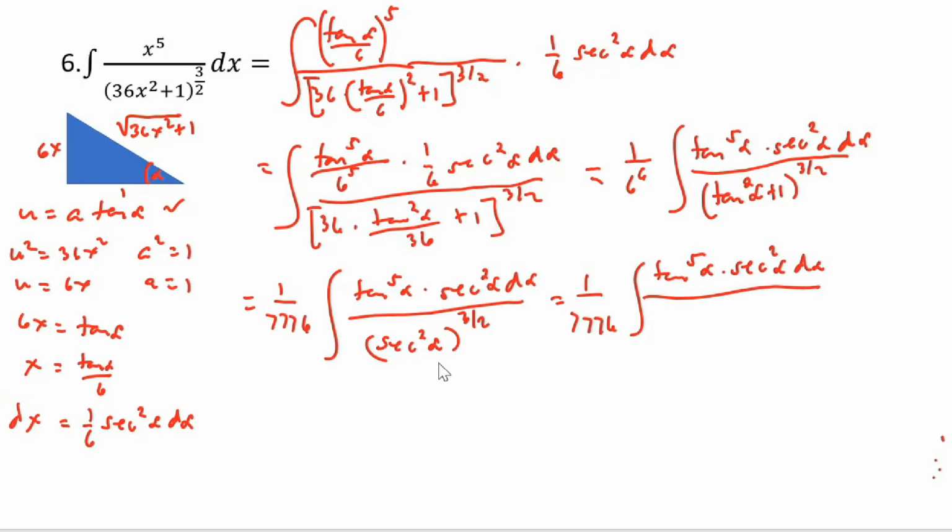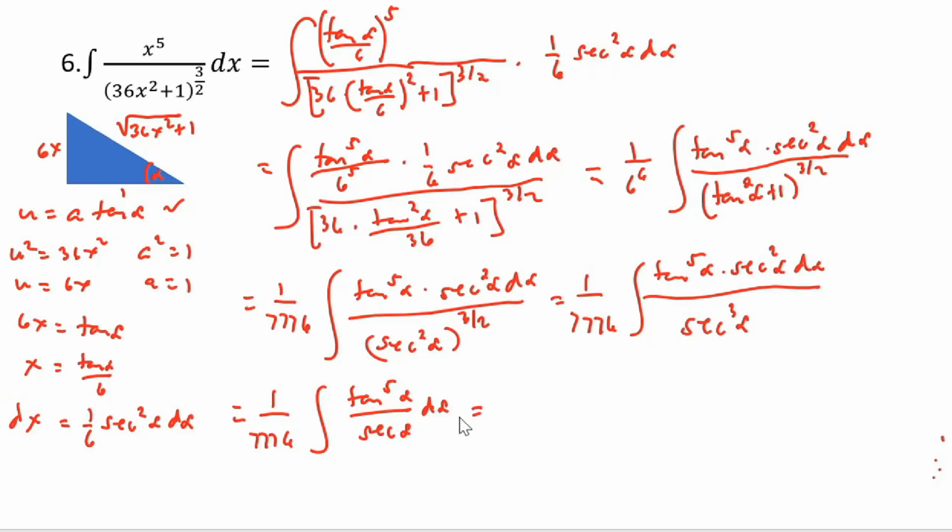Simplifying the denominator, we now have secant cubed alpha. Next we have to divide the remaining terms, so now we have 1 over 7,776 times the integral of tangent to the fifth power of alpha over secant alpha d alpha.